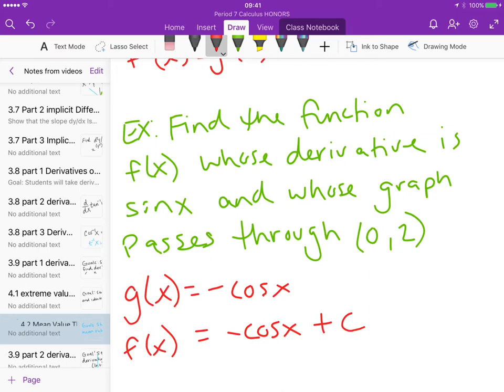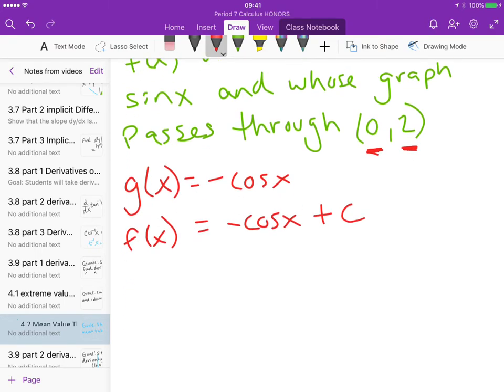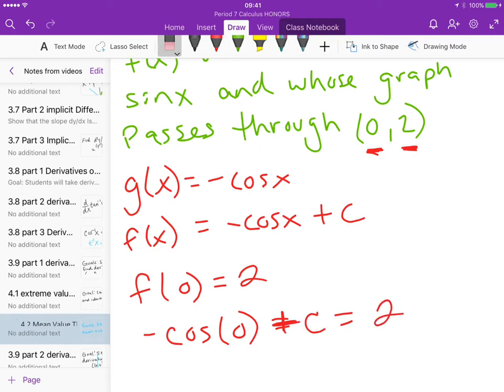And that's where the restrictions of passing through the point 0, 2 come into play. Because for the function f of x, when x is 0, y is going to be 2. So we know that f of 0 should equal 2. So negative cosine of 0 plus c equals 2 in this example.